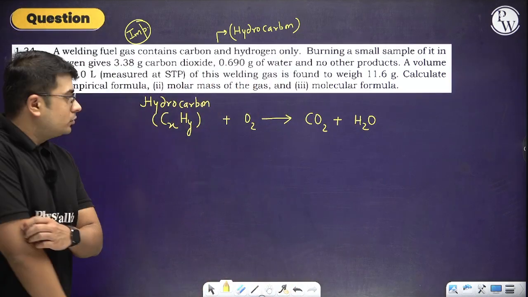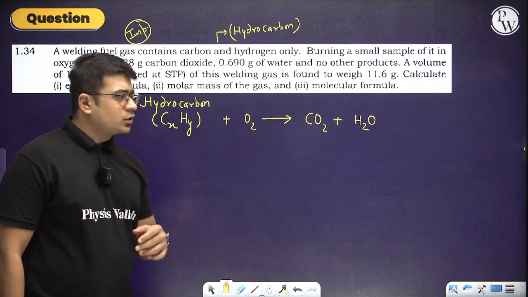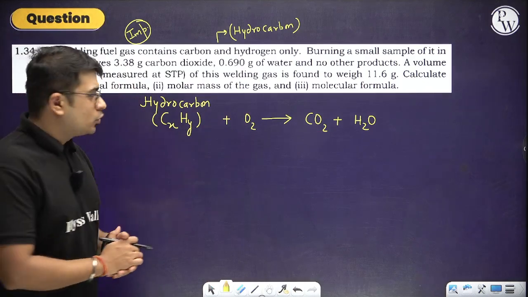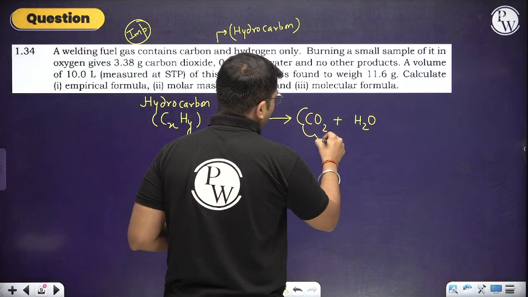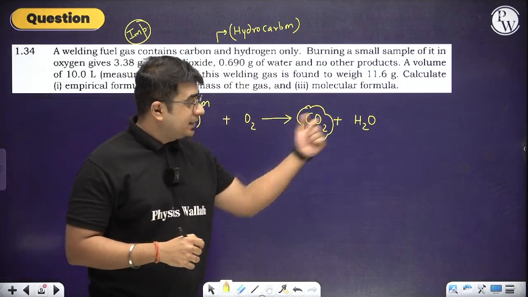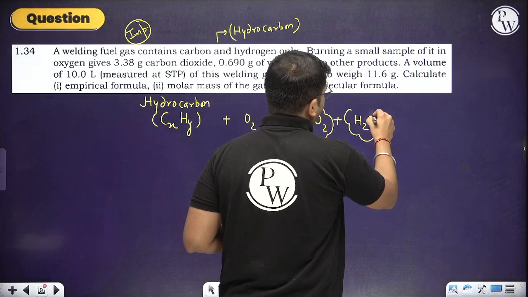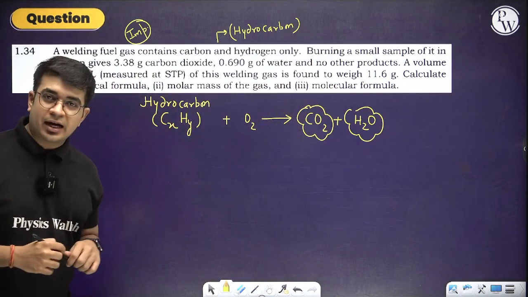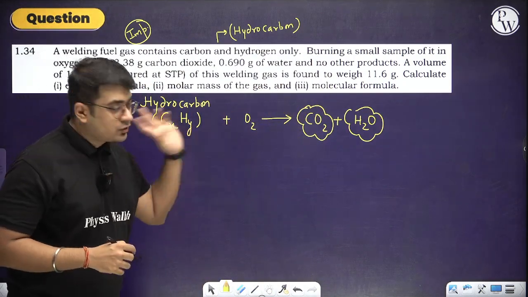Okay, now either I can balance this equation or there is no need, because we know that in CO2 whatever carbon is coming is coming from the hydrocarbon, and just like that in water also, whatever hydrogen is coming is from this hydrocarbon only, because they are combining with oxygen only.